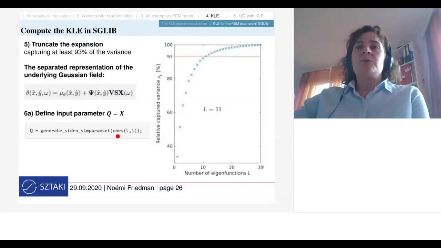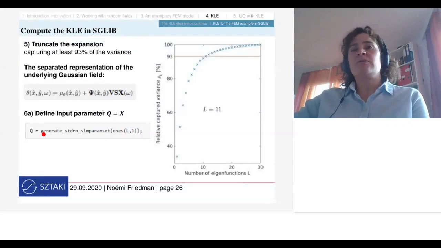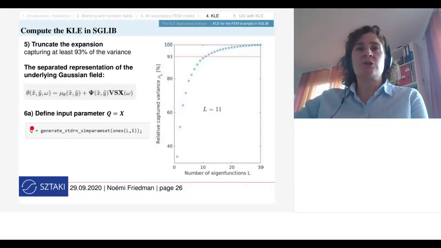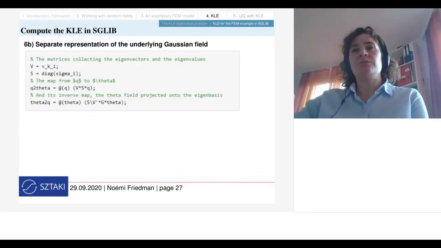So I input 11 ones, and this will be the standard deviation or the variance of the Q parameters, because all the elements of this Q vector are standard Gaussian random variables.